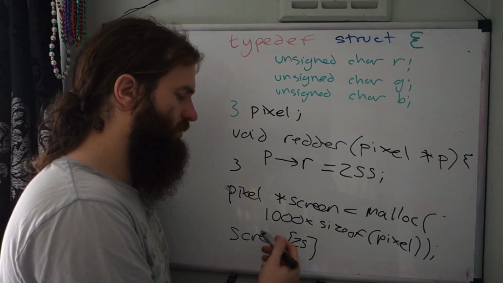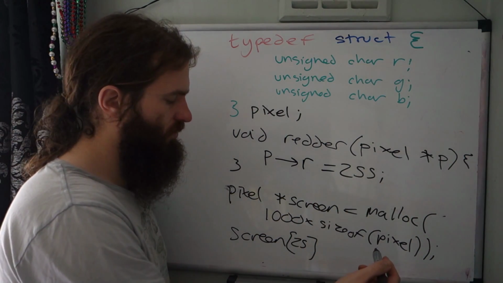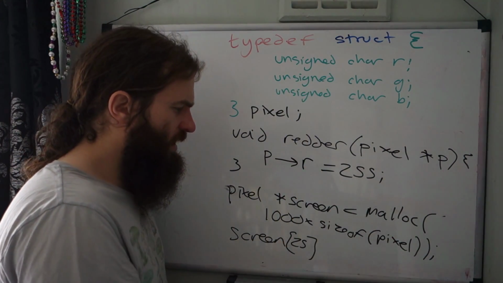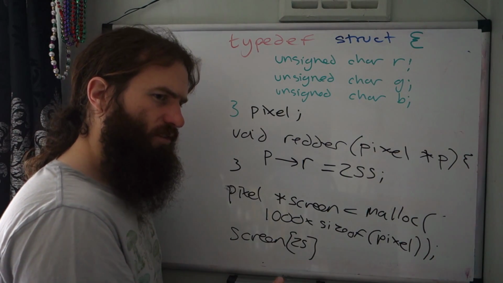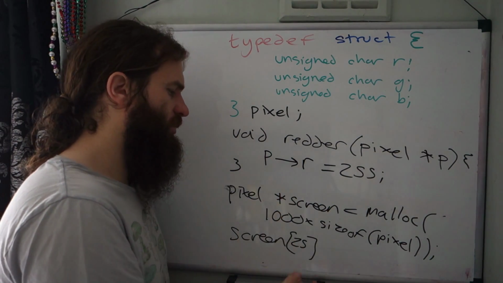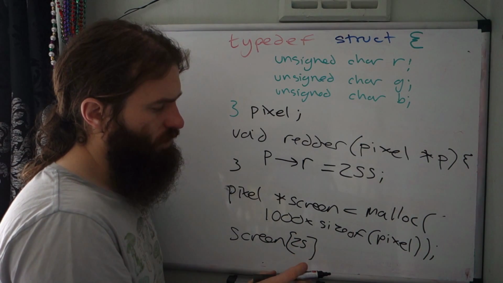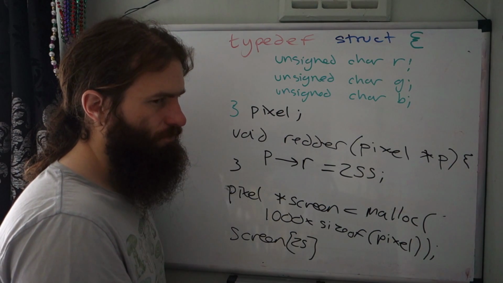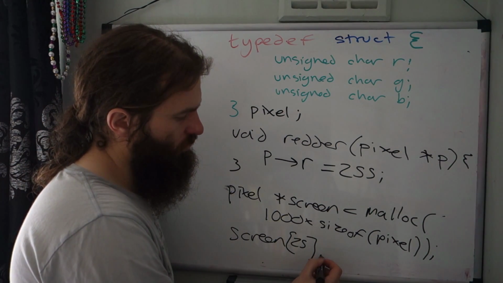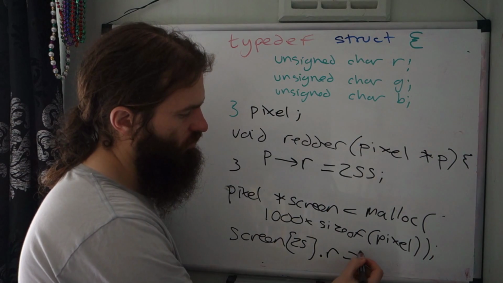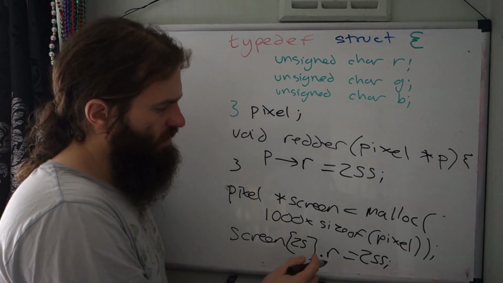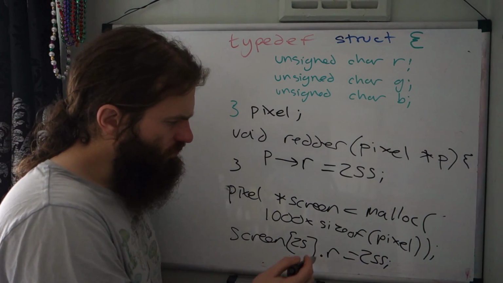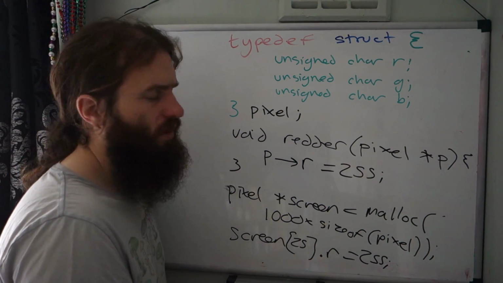We're going to element 25, so that's going to be 25 times the size of this, which is 3 bytes. And then we're actually operating on the value of that object, and the type of that element there is a struct pixel type. So we use the dot notation, and we could change then the red component of the element at index 25 by using the dot notation like that.